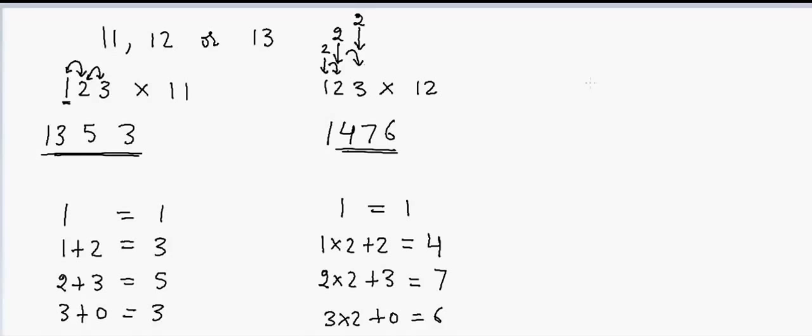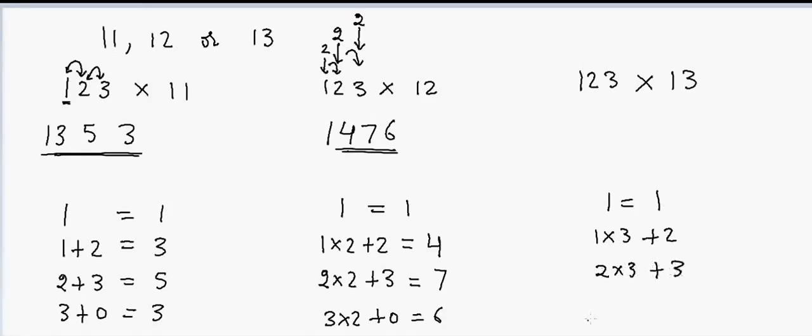So let's go to another example and multiply by 13. If I have 1 2 3 and I want to multiply by 13, I'll do it the same way. The first digit will be equal to the first digit, the second will be 1 into 3 plus 2, the third will be equal to 2 into 3 plus 3, and then we have 3 into 3 plus 0. If you look here, I multiplied all the numbers by 3.